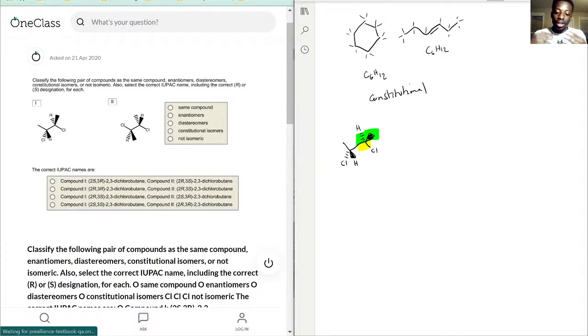Me personally, I drew it as if I had an eye view. Let me just change this over. I drew this part looking at it like that. Okay, so if I'm looking from top to bottom, this is what I see. I see the chlorine at the bottom, sticking into the page.